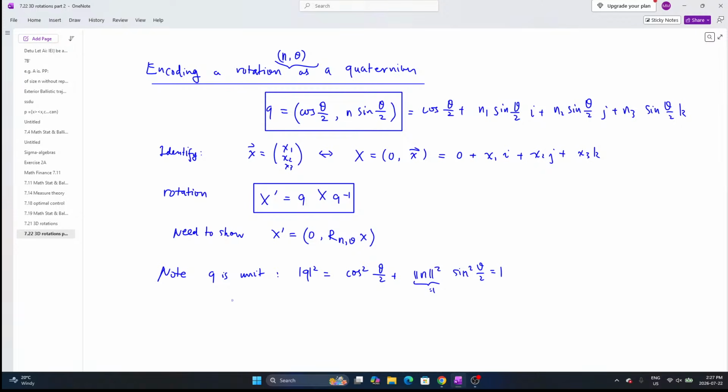And since q is unit, this immediately tells us that the reciprocal, according to the formula, is just q bar, because the denominator is 1. So q bar is very easily obtained. You just need to reverse the sign of the vector part, and you're done. So this is extremely computationally efficient, perhaps one of the reasons that quaternions are so popular in game engine development.